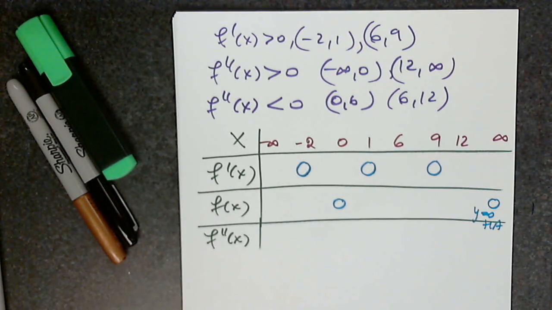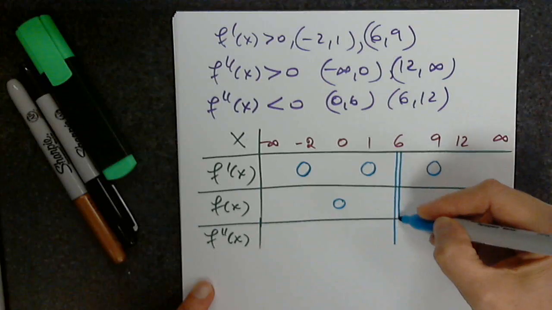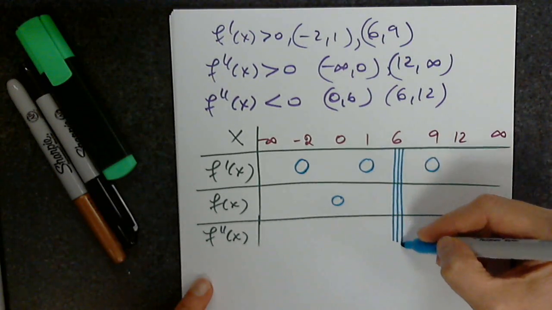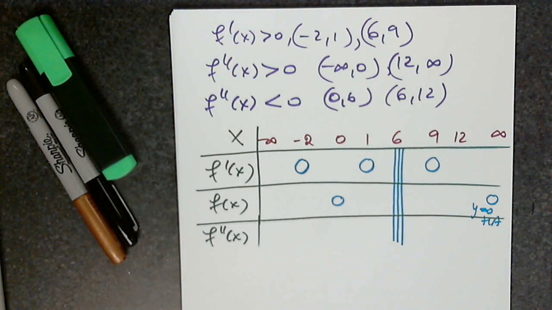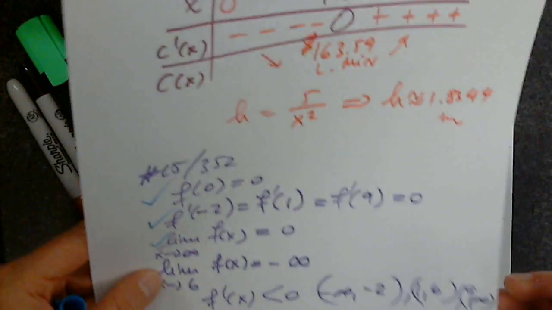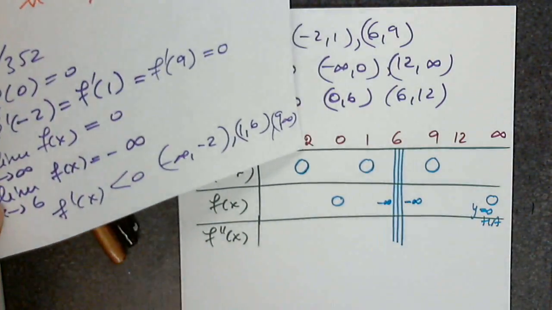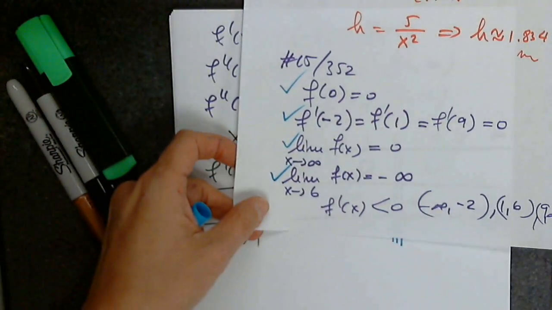If the limit from left and right is -infinity, it's a vertical asymptote, which means nothing is defined there. If the function is not defined, nothing will be defined. I mean, the first, the second, and so on. So then I have negative infinity here and negative infinity here. And this is done.